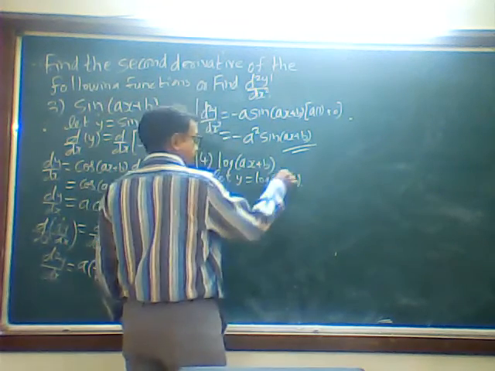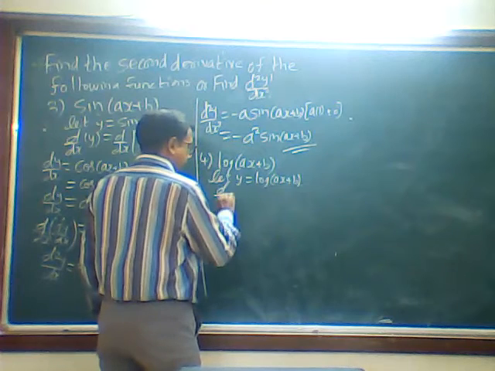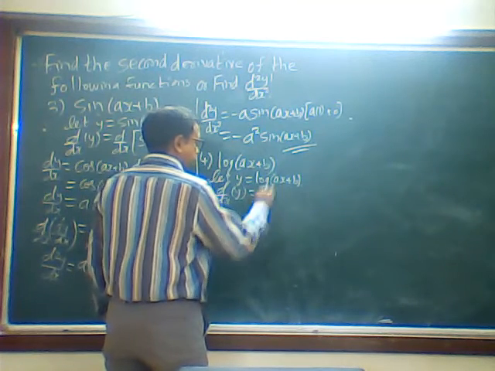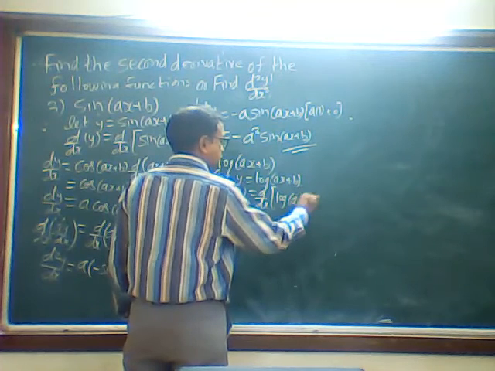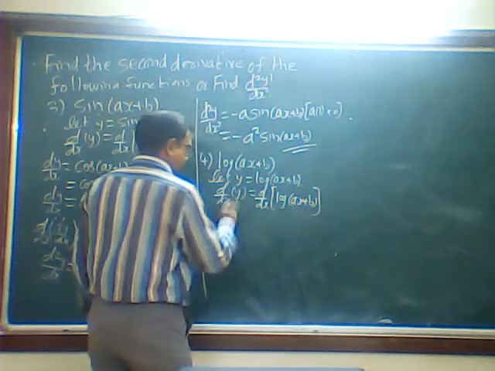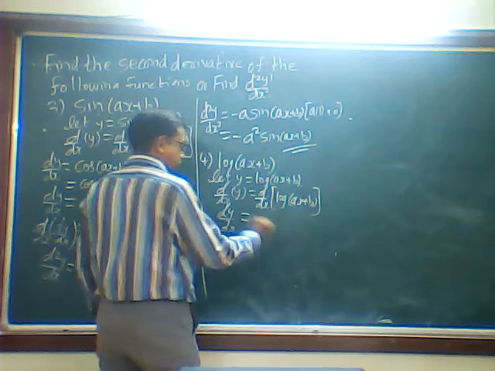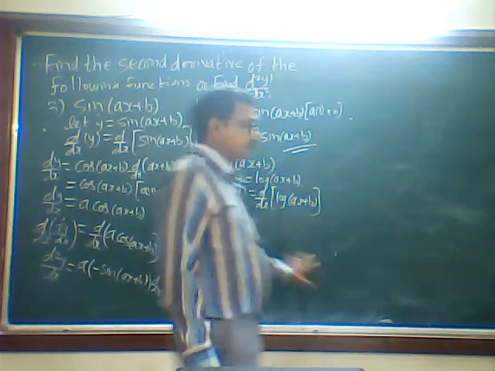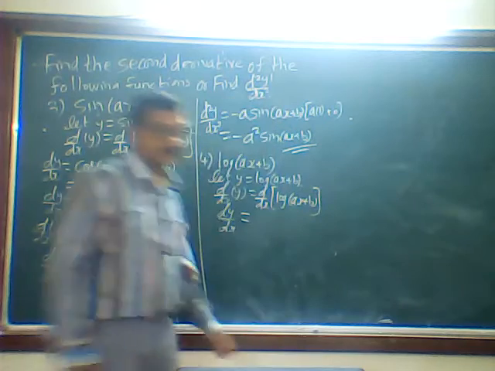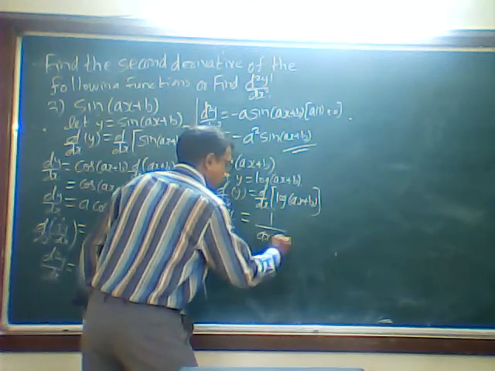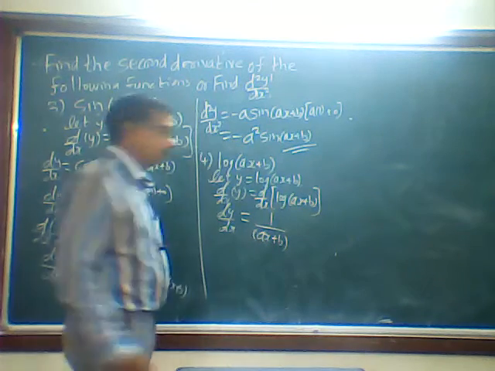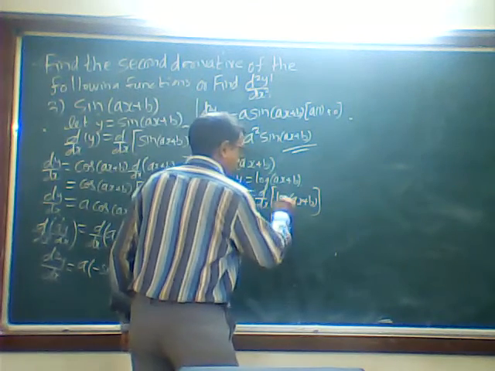Seeing this ax plus b and log, when I apply d by dx on both sides, dy by dx is equal to: think it is x, d by dx of log x is 1 upon x, so 1 upon ax plus b, into d by dx of what is inside, now that log is over.